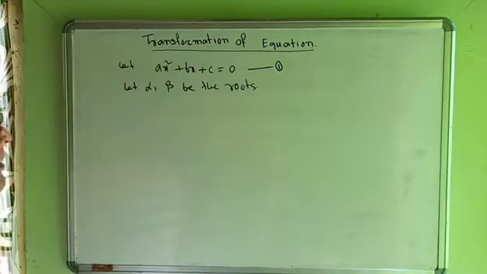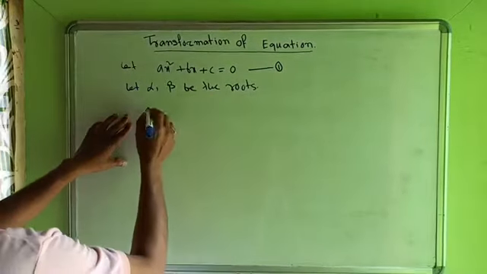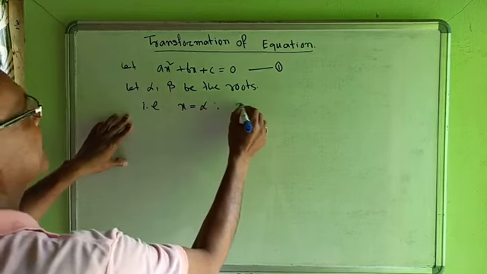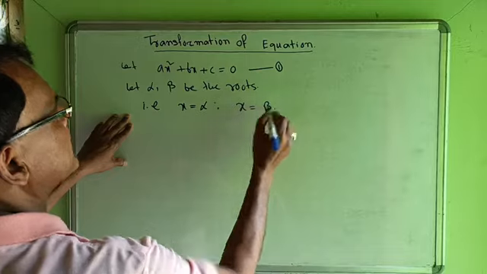That is, alpha and beta are the values of x. That is, you can say x is equal to alpha and x is equal to beta.